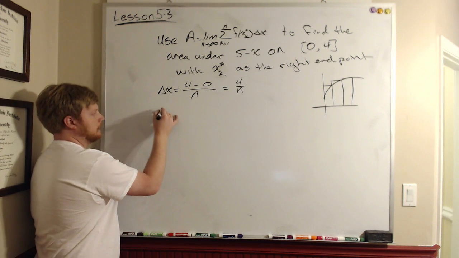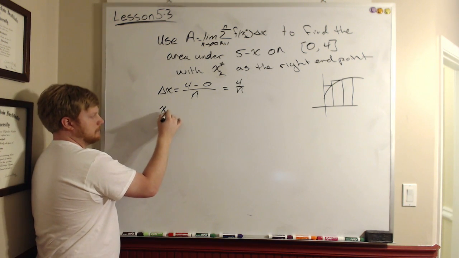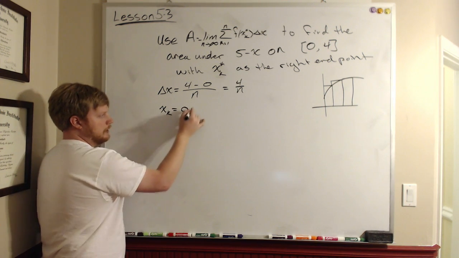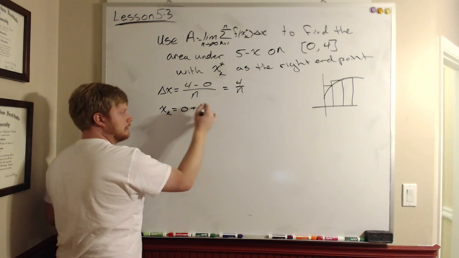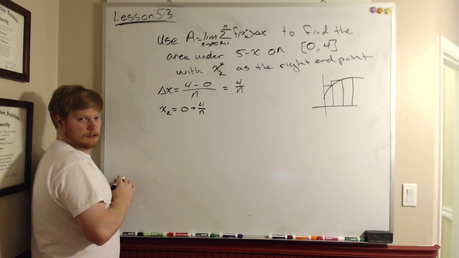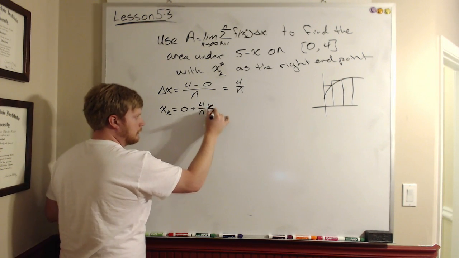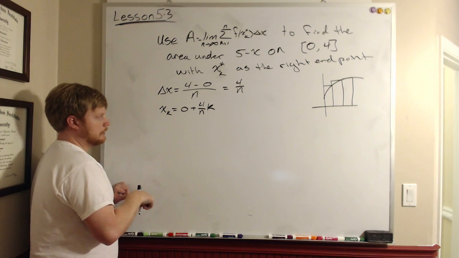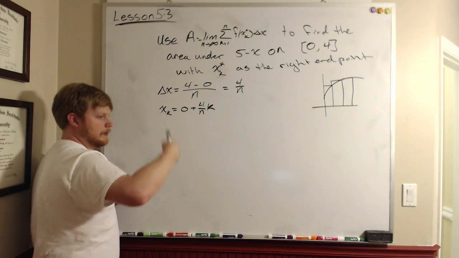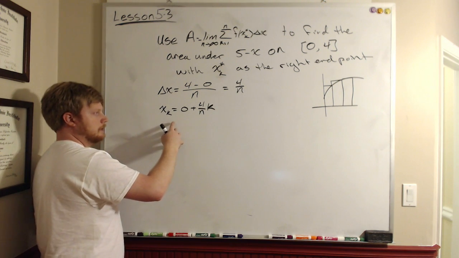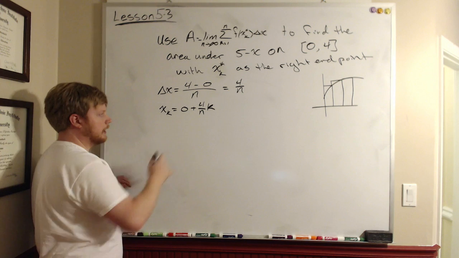So that means that the various values of x are going to go from 0, and I'm going to add delta x in increments of k. I'm starting at 0, going to 4, and every x value is being incremented by delta x and k.